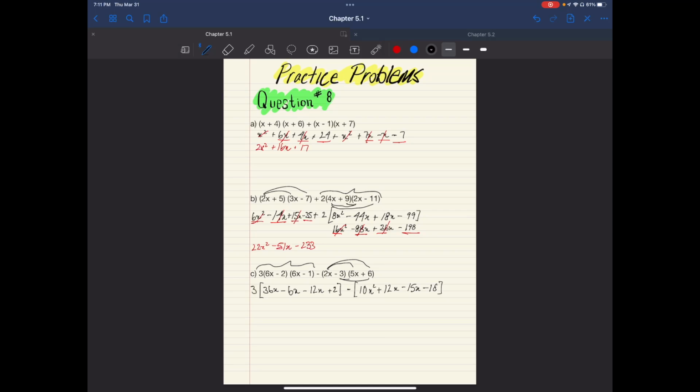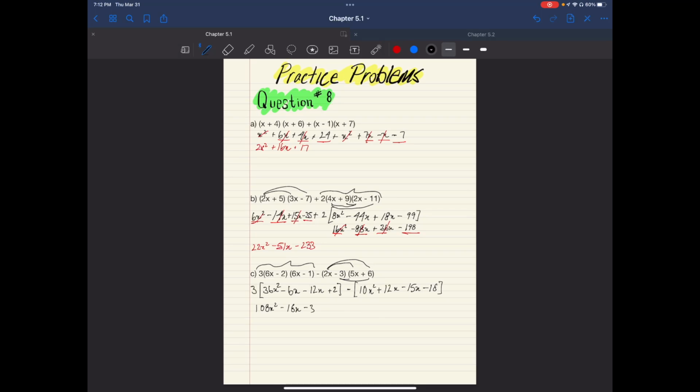Okay, so 36 times 3 is 108. Oh, and I made another mistake. This is supposed to be x squared. 108x squared. This becomes negative 18x.